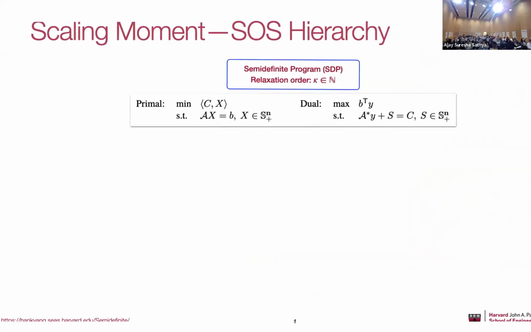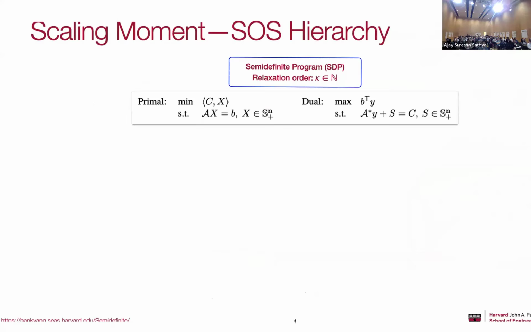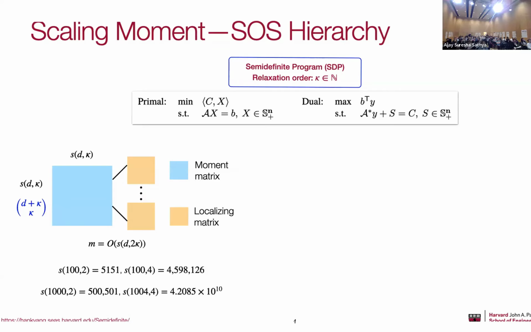So when you see a very powerful tool like this, you always have to be very conscious about the price of this tool. The underlying price of this moment SOS hierarchy is that you can end up generating a convex program that's extremely large. So this is the diagram of the SDP where you have these two types of matrices. The blue one is what we call the moment matrix, and the smaller ones are what we call localizing matrices.